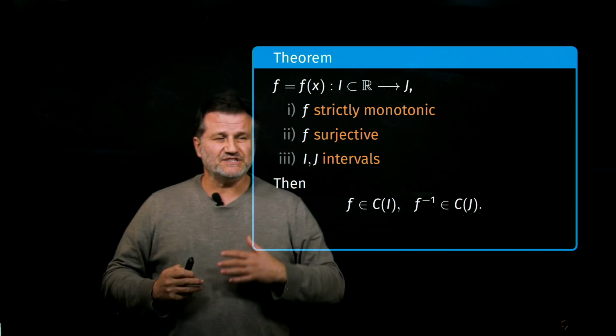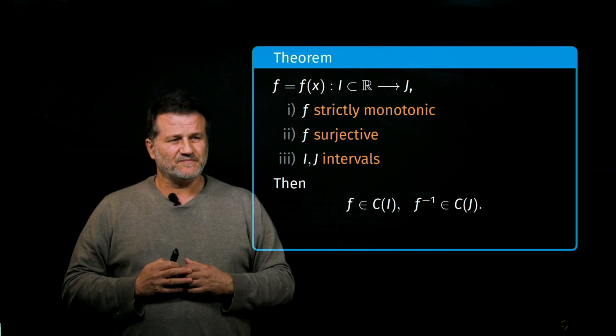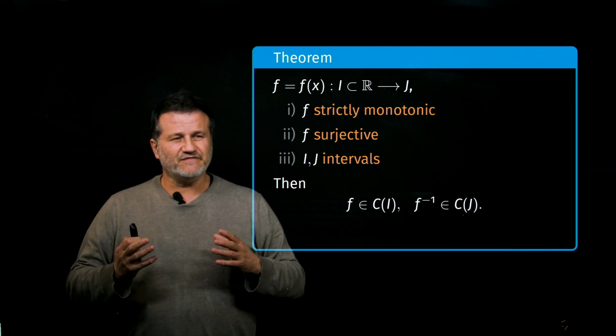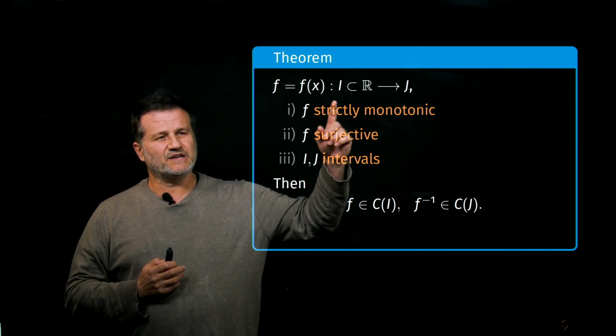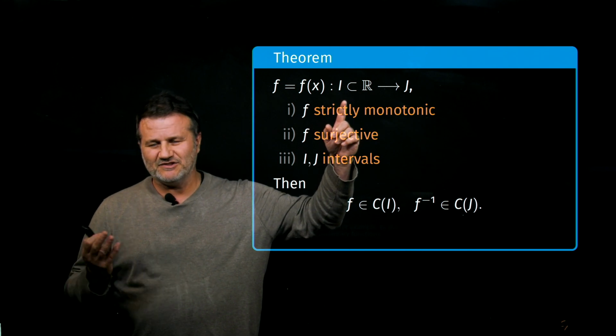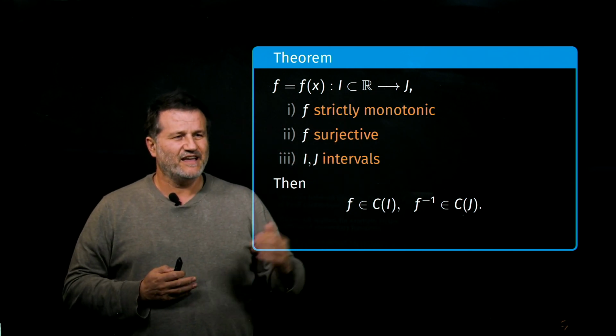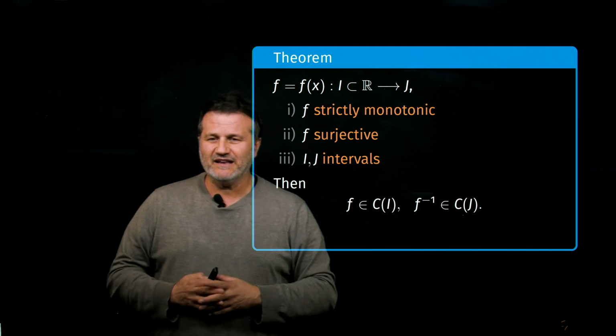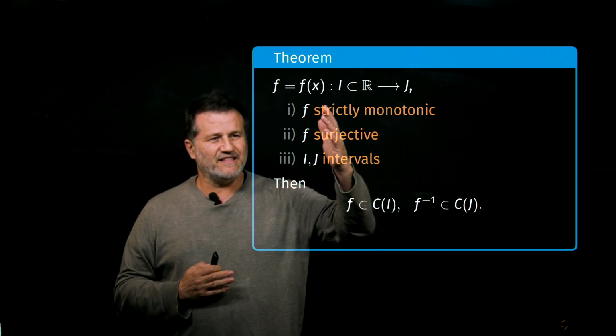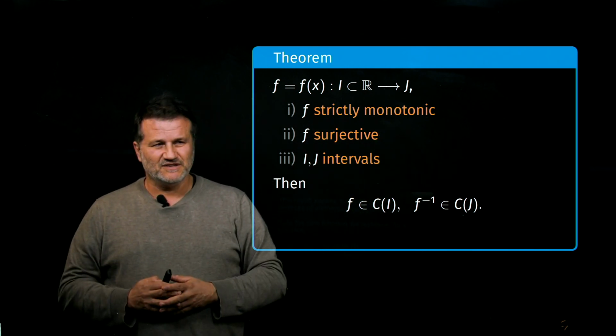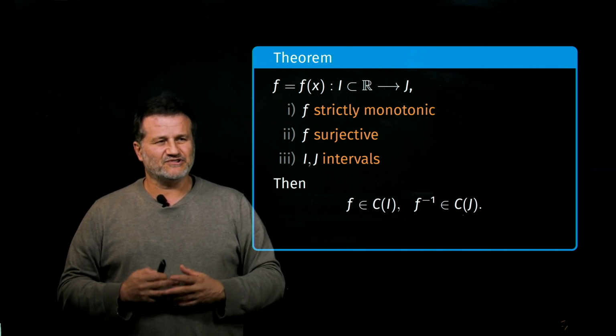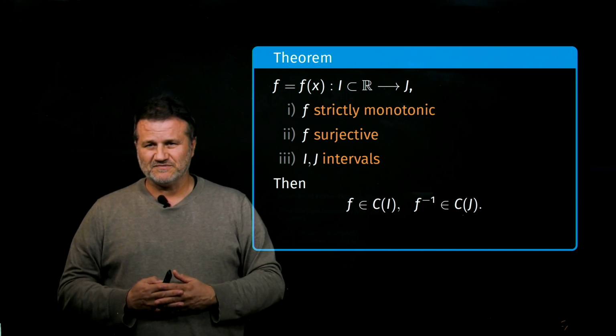If f is decreasing, f minus 1 is decreasing. So f minus 1 is a monotonic function. It is surjective because the codomain is the domain of the function f, and the domain and codomain for f minus 1, J and I, are intervals. So from this, it follows that the inverse function of f is continuous.